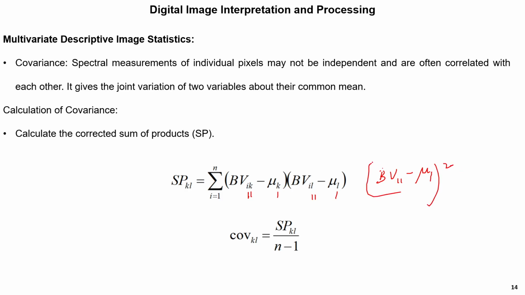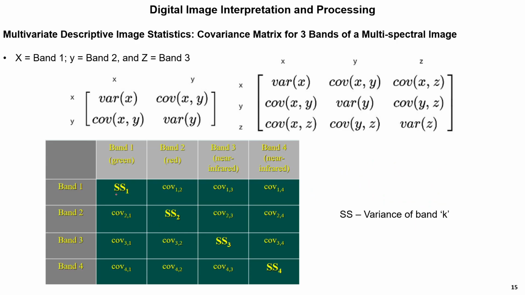So these two will be equal. And if you see the variance formula, it will be this only. So this is your variance formula for a single band. That is why your principal diagonal elements are basically your variance, and your off-diagonals are your covariance.